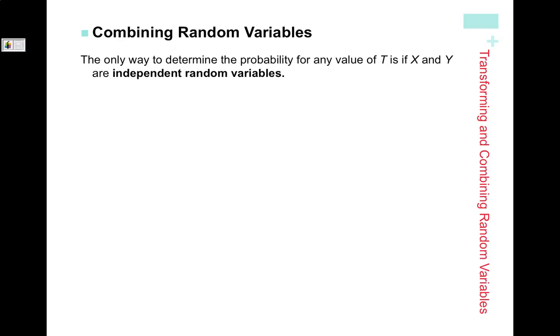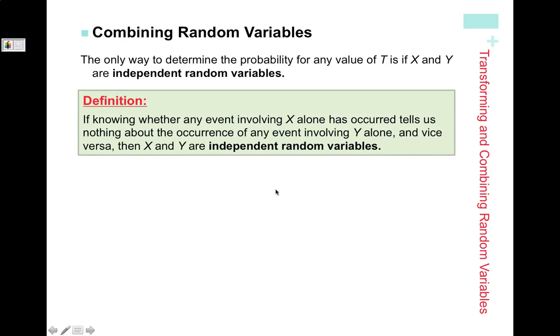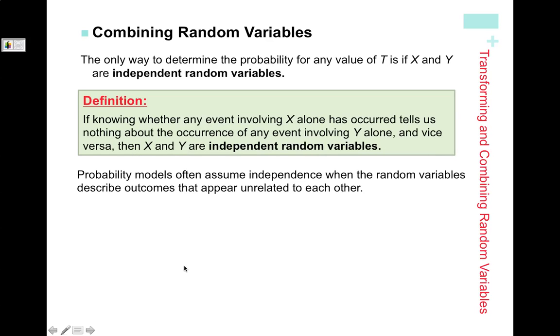But the thing we have to pay attention to is, are these two things that we're adding together independent from each other? And with Pete and Aaron's adventures here, they are independent of each other because they're on separate sides of the country. If we have probability models, we're really going to assume a lot of times that there is independence if it looks like they're not related to each other.